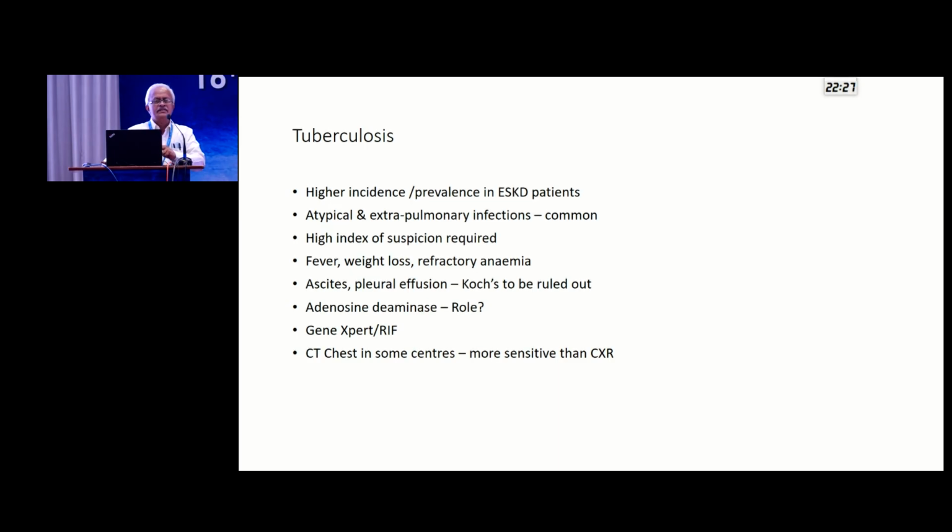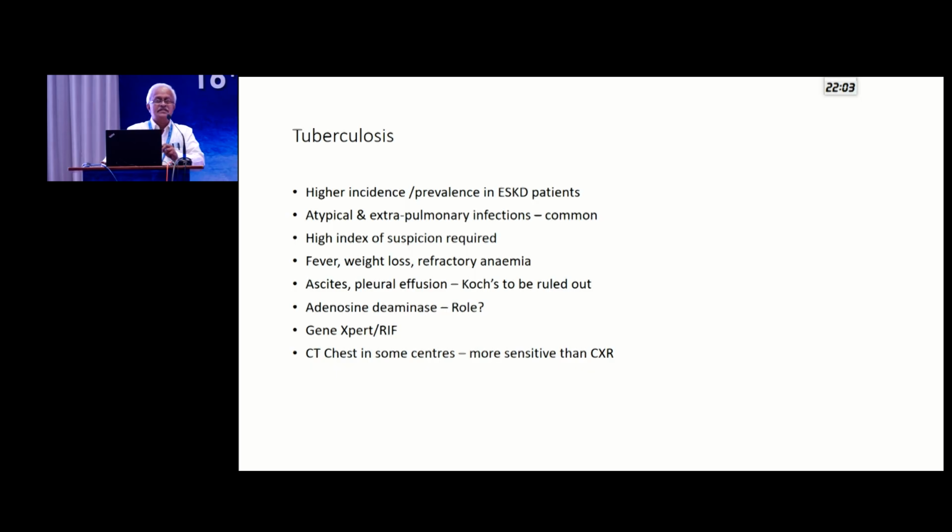The diagnosis is not very straightforward. In most situations, atypical presentations and extrapulmonary infections are common, so we always need a high index of suspicion. In our unit, we always try to rule out hidden tuberculosis in prolonged fever, inexplicable weight loss, refractory anemia and so on.